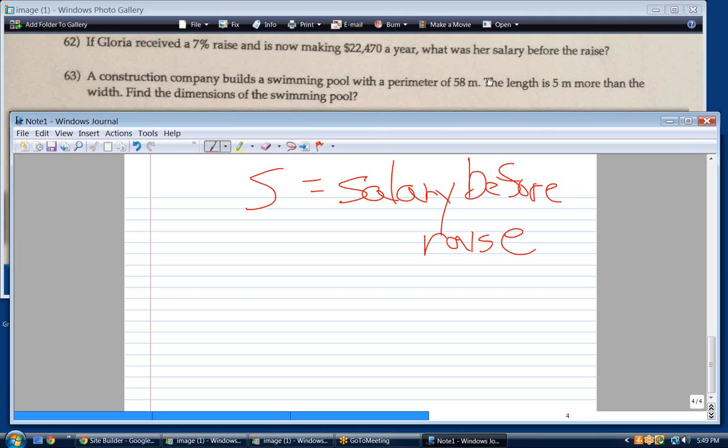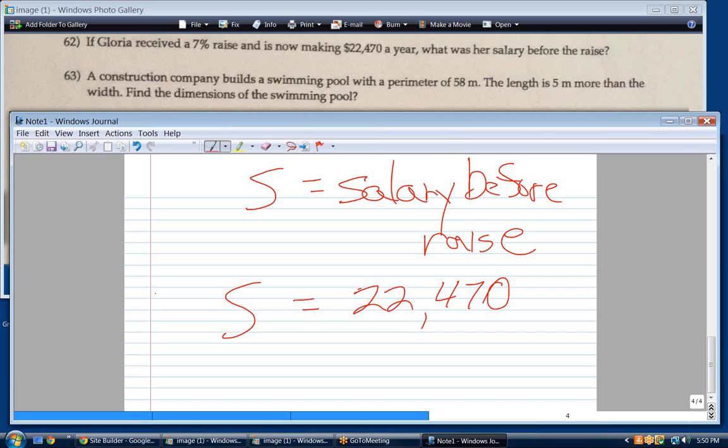So you start at the back, find your variable, and now let's write an equation that says the first part of this sentence. What do I have to do to her salary before the raise to get it to be equal to $22,470? Her salary before the raise was not equal to that. She got a 7% raise. Do you multiply S by 0.07?